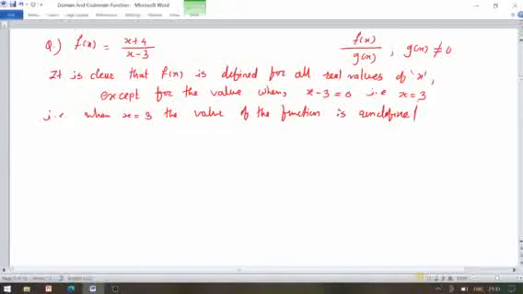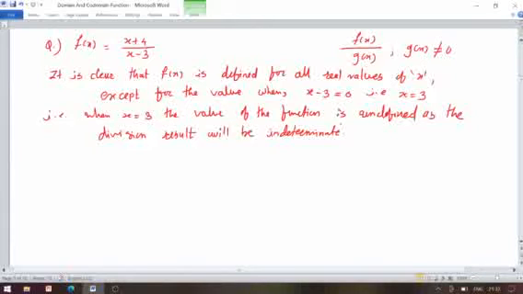The value of the given function is undefined, as the division result will be indeterminate. That means x equals 3 is the critical point where the value of the function is undefined or does not exist.